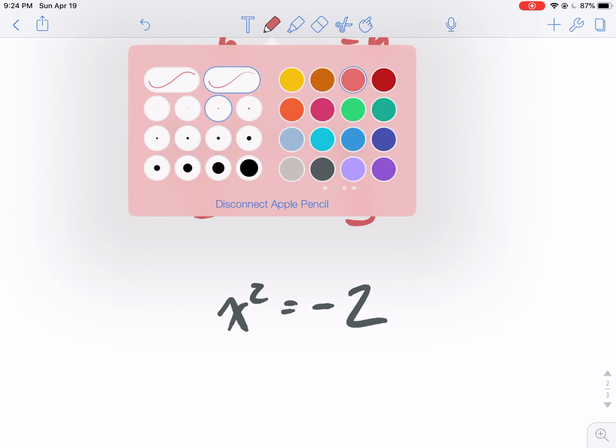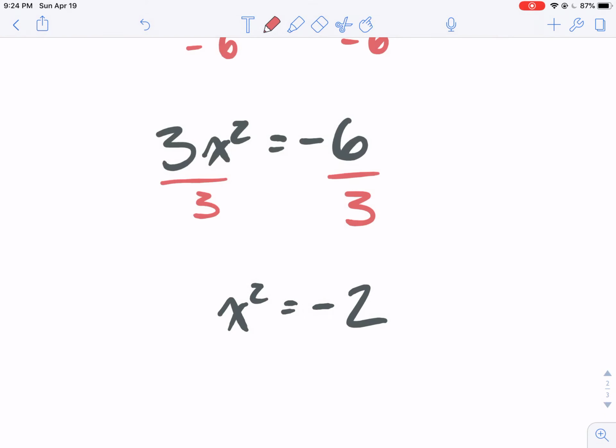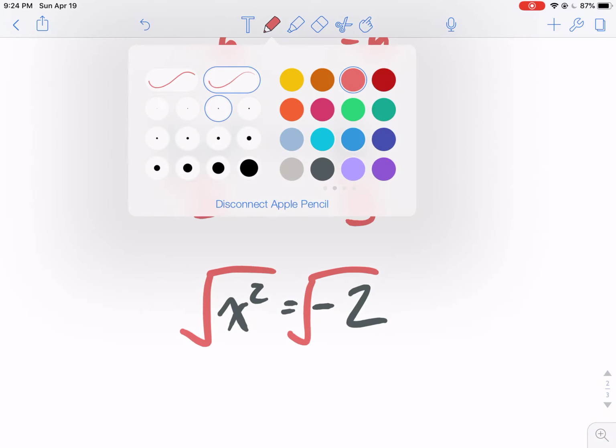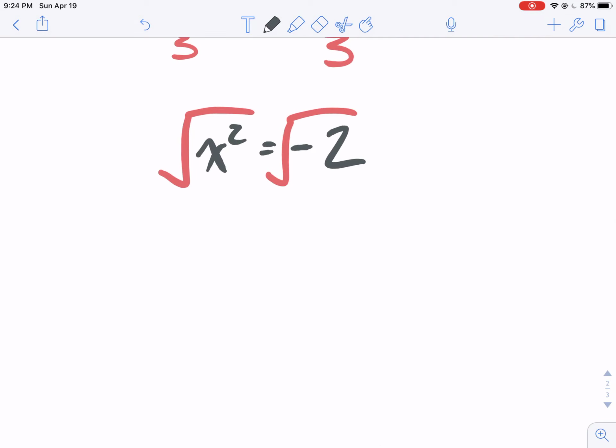And in one last step, we want to undo this x squared. So we're going to take the square root of both sides. The square root and the squared will cancel out. That's the whole reason we did it. And now the square root of negative 2. We can't have a square root of a negative number. So instead, no solution.